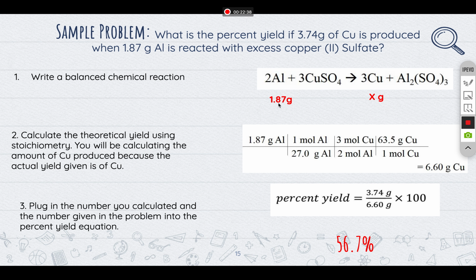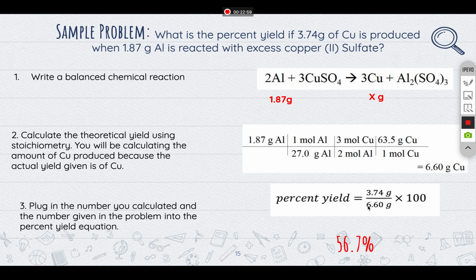So what you want to do now is a stoichiometry problem where you set up from the grams of aluminum to find out how many grams of copper would be produced in a perfect world. That's your theoretical yield. Why set up a problem from aluminum to copper? Because the problem gave you the mass of copper.